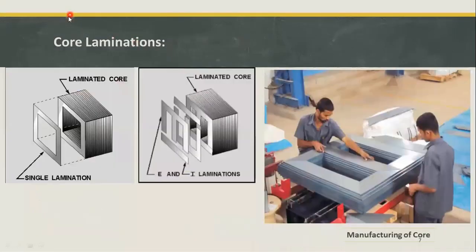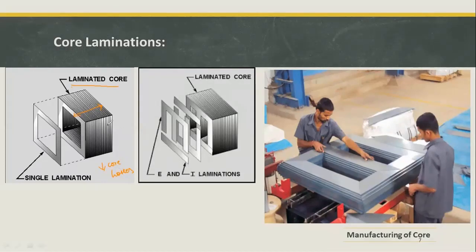So here the laminations of the core are shown. This is a single lamination which is rectangular in form, and n number of laminations are taken together and then stamped together to form the laminated core. If we use a solid material to make the core, the losses in the core will increase.